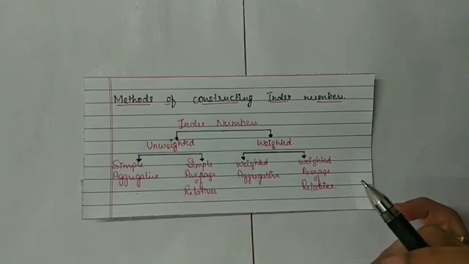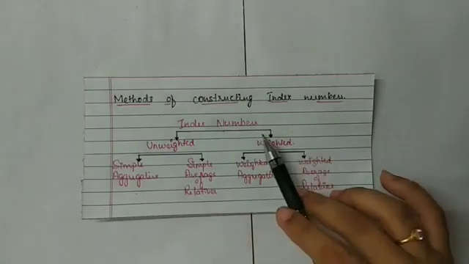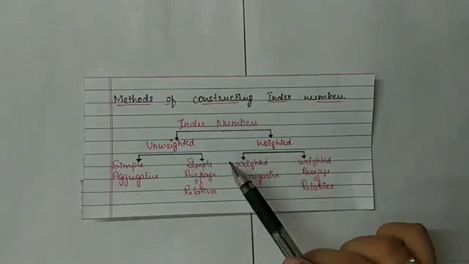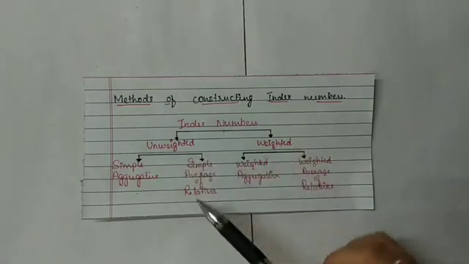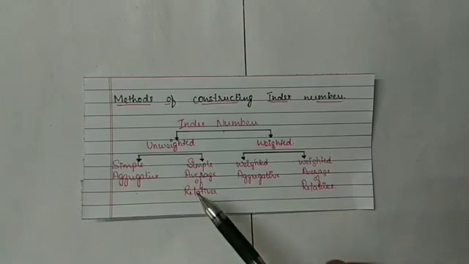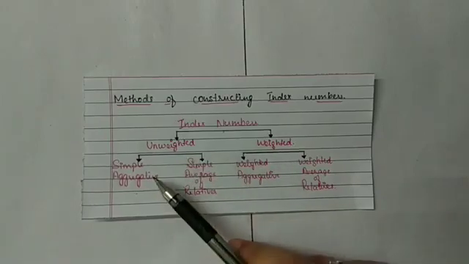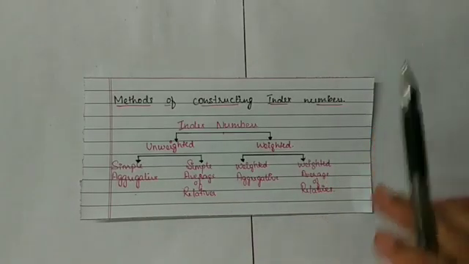The various methods of constructing index numbers can be classified into two types: unweighted index numbers and weighted index numbers. Unweighted index numbers are also called simple index numbers. Unweighted is again classified into two types: simple aggregative and simple average of relatives.